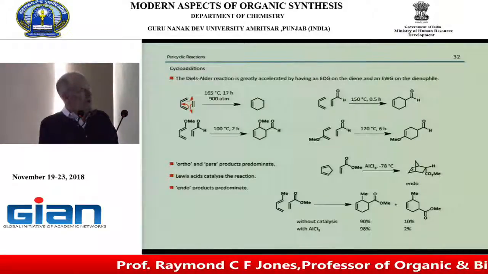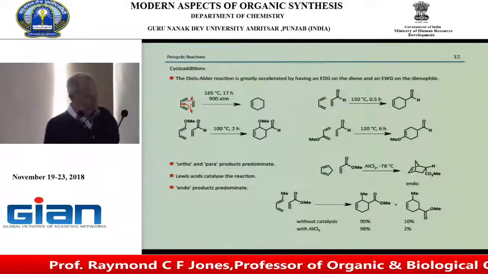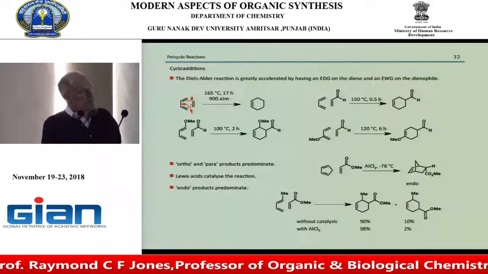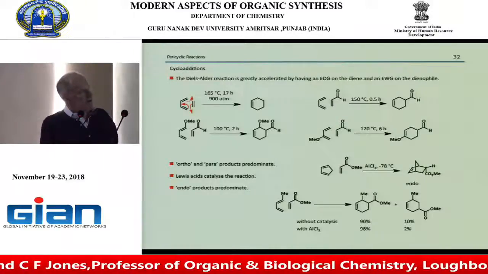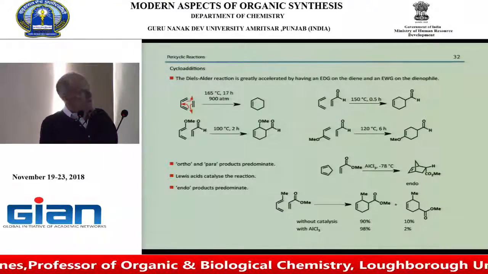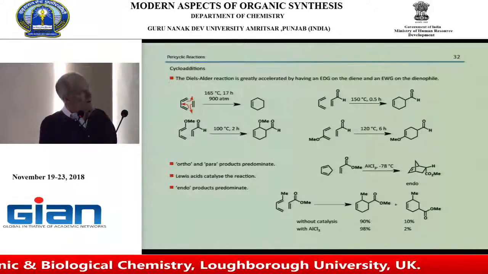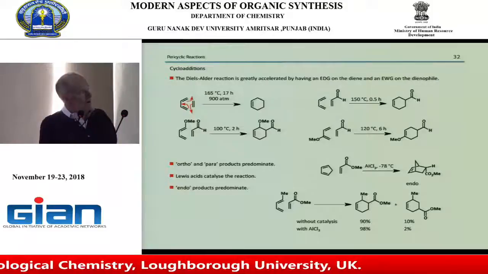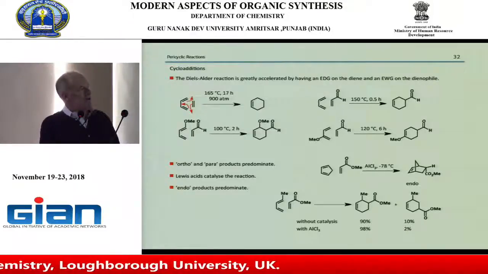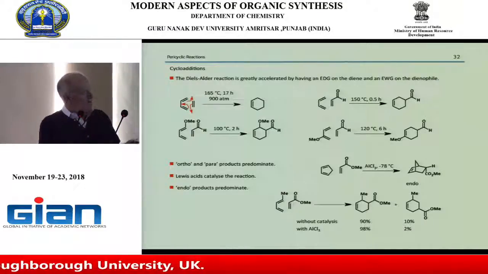So ortho and para products predominate. We need obviously to explain that, but it does mean that we get some regiochemistry, because otherwise, if this component here would go either this way up or inverted the other way up with the aldehyde substituent at the bottom, you'd get two different products.